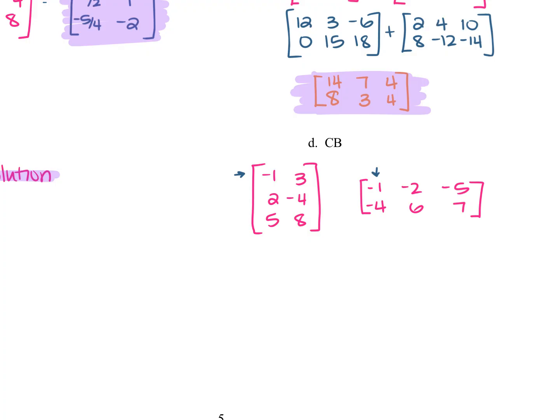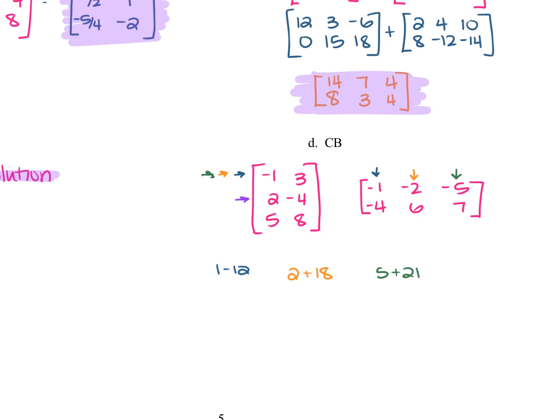So -1 times -1 is 1. 3 times -4 is -12. Then first row, second column, -1 times -2 is 2. 3 times 6 is 18. First row, third column, -1 times -5 is +5. 3 times 7 is 21.